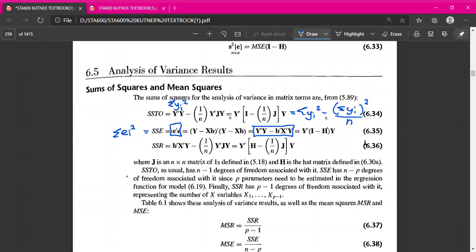X transpose Y, you already know the entries in it. SSR is B transpose multiplied by X transpose Y. Let's say we have two X.